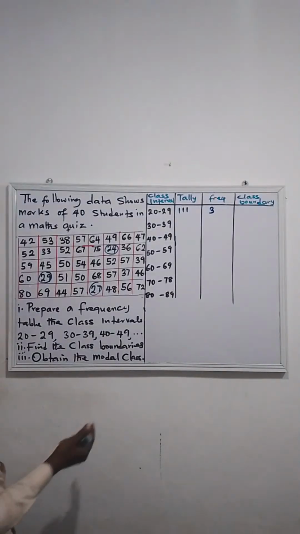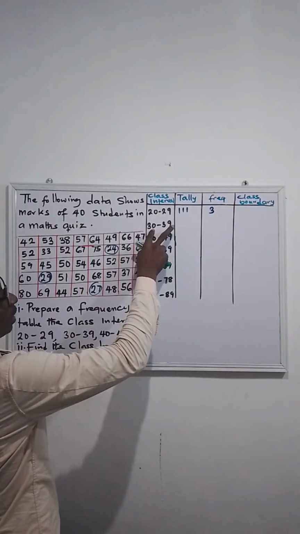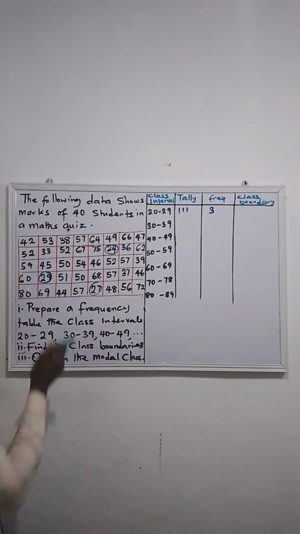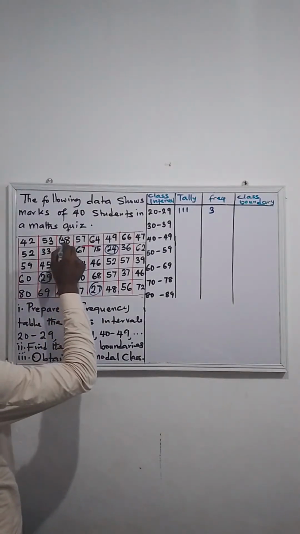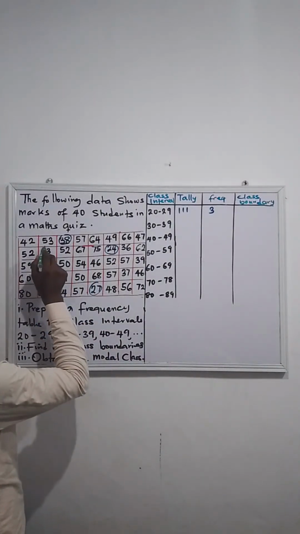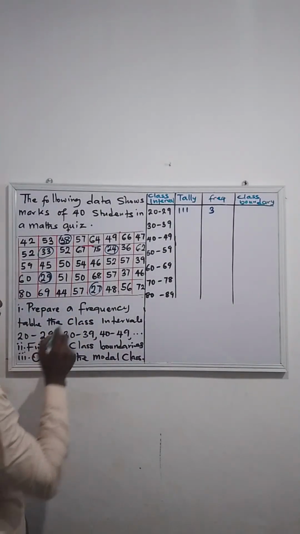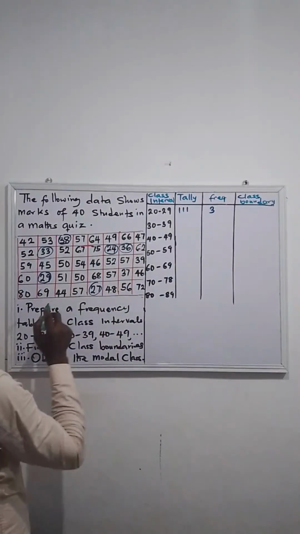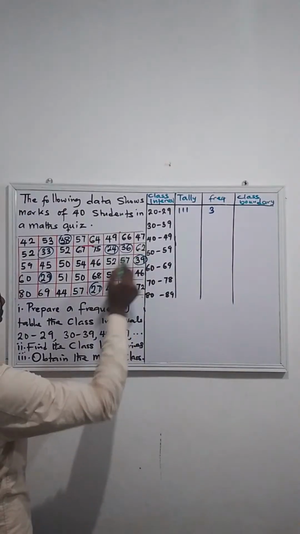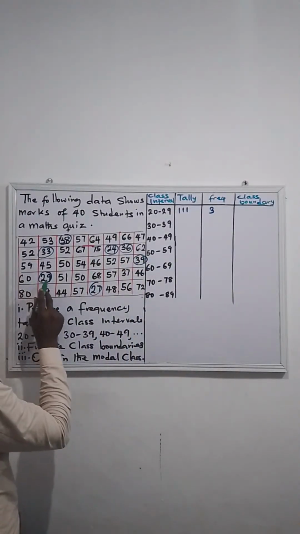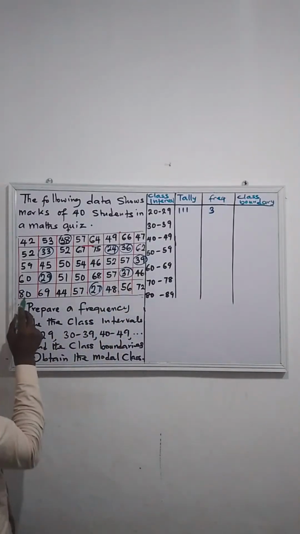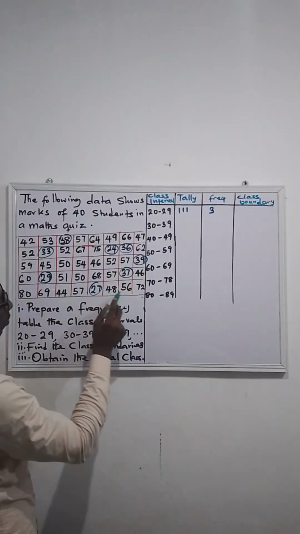Now let us get the tally for 30 to 39. So we go through it again. 30 to 39. We have the first one, 1, 2, 3, 4, 5.